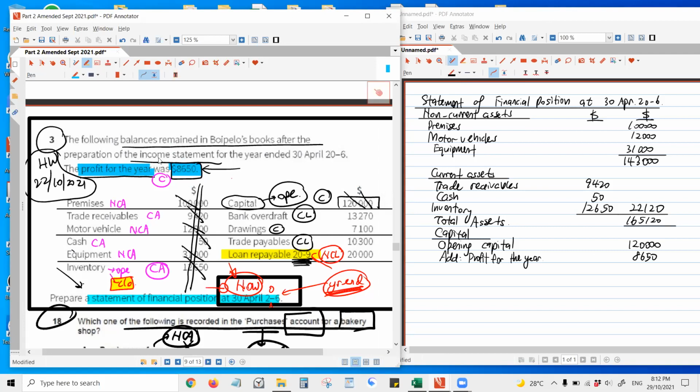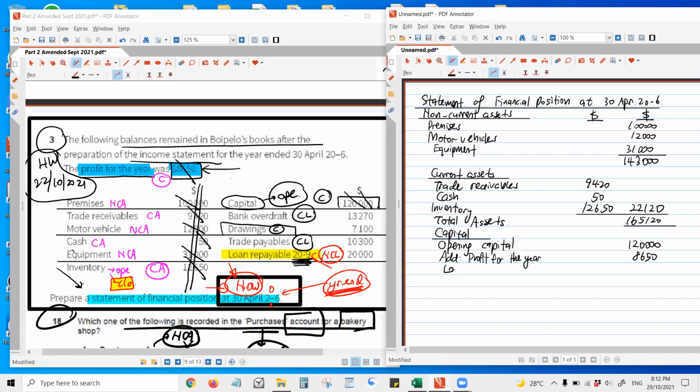Is there drawing? Once you have used it, cross it off. There's drawings, right? Single word drawings appear here. A common mistake made by students is to take these drawings and put them into the income statement. In the income statement, it is drawings of goods alone. It's only drawings of goods that goes into the income statement. Single word drawings appears here.